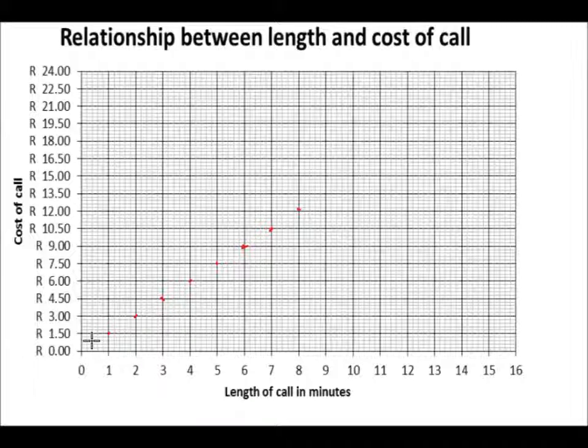okay, before we draw the line, we've got to decide, do I join these points? Is it discrete or is it continuous? Do I have dots or do I have a continuous line? Well, remember, the way to decide on that, could I get charged for half a minute? Yes, you could get charged for half a minute. So this is going to be a continuous line.